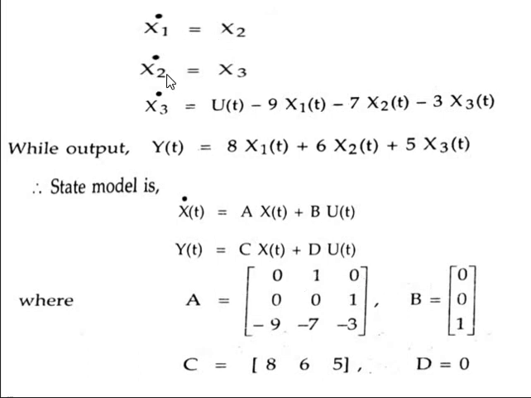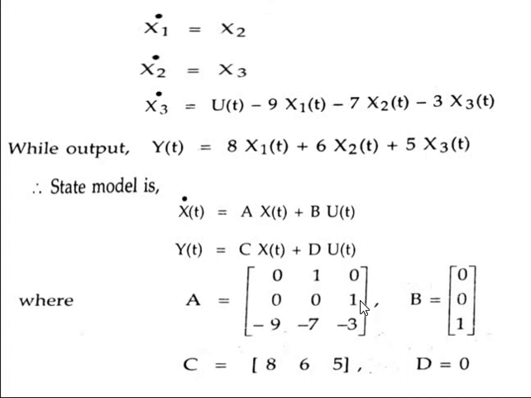X2 dot of t is the second row, only x3 is there, x1 is 0, x2 is 0, so 0 0 1. And x3 dot of t is equal to x1 multiplied with minus 9, x2 multiplied with minus 7, x3 multiplied with minus 3, so minus 9, minus 7, minus 3. So this is the matrix A.